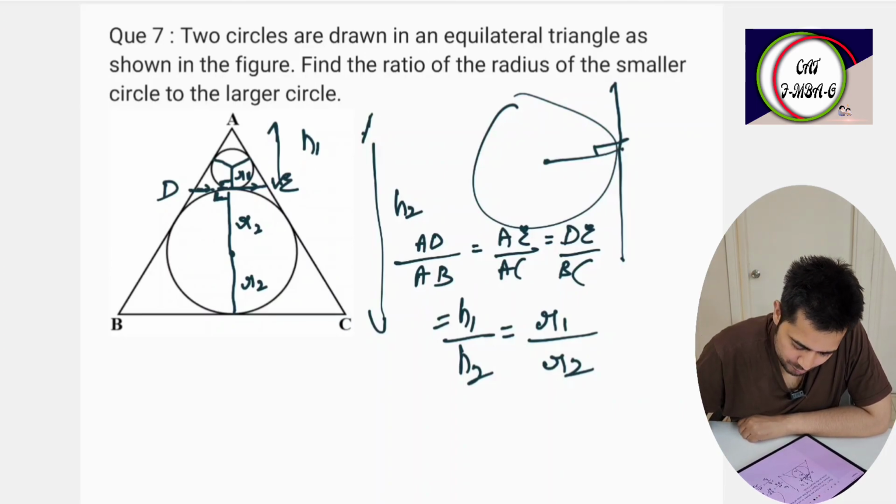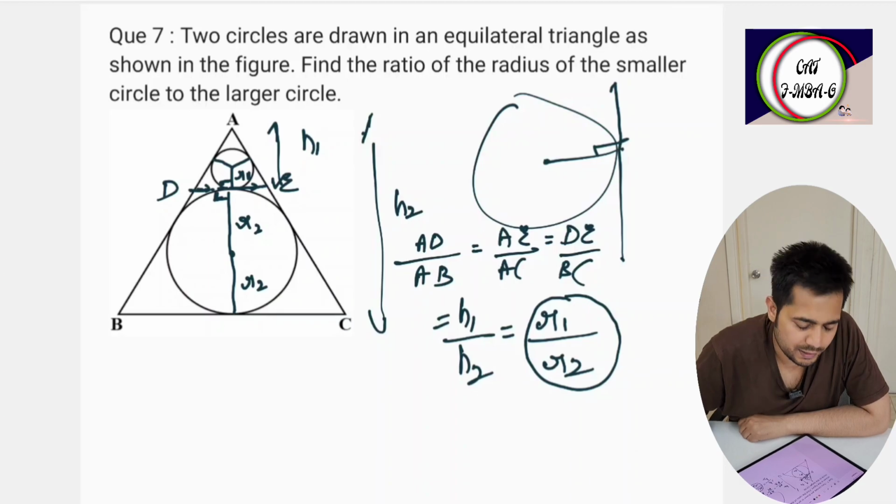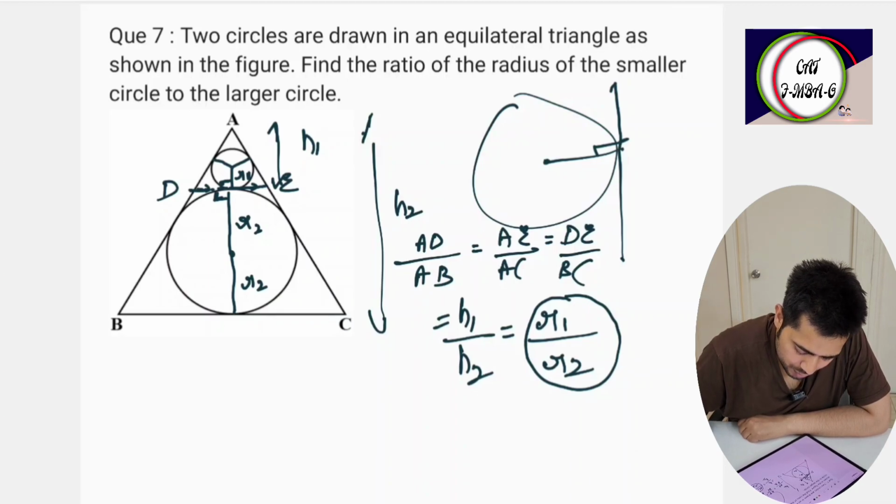We have to find the ratio of the radius of the smaller to the larger, or the ratio of the inradii. If we are able to find out H1 by H2, then it is going to be very easy.